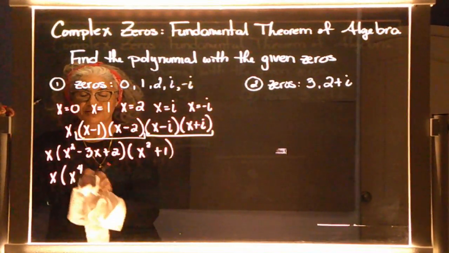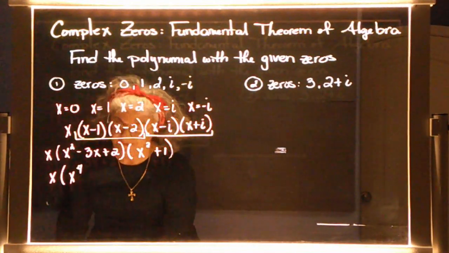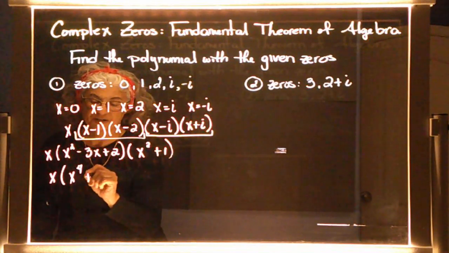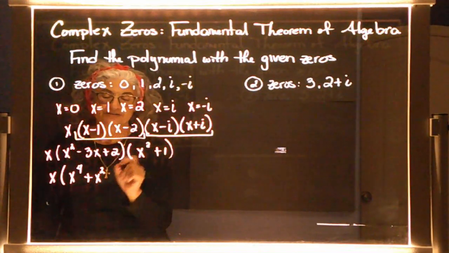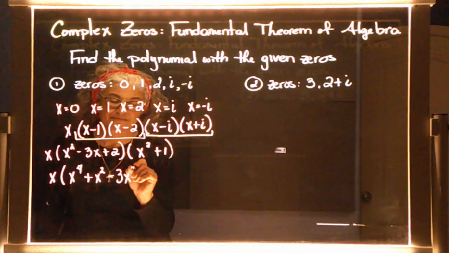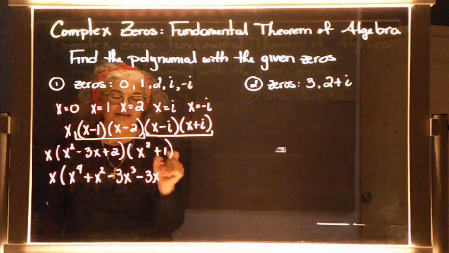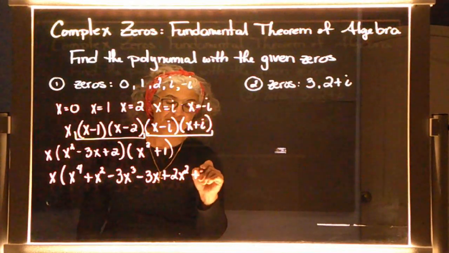So I'm going to start it over again. This is what we do sometimes. Okay, so I have x to the 4th plus x squared. That's the order I like to do it. Minus 3x to the 3rd, minus 3x, plus 2x squared, and then plus 2.